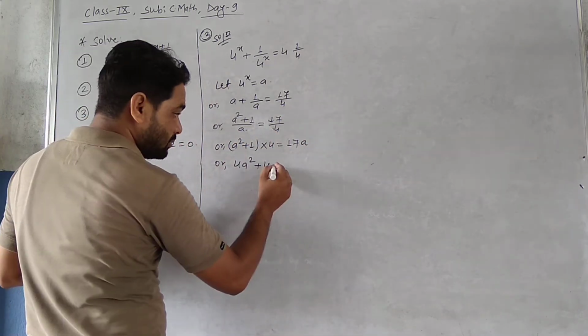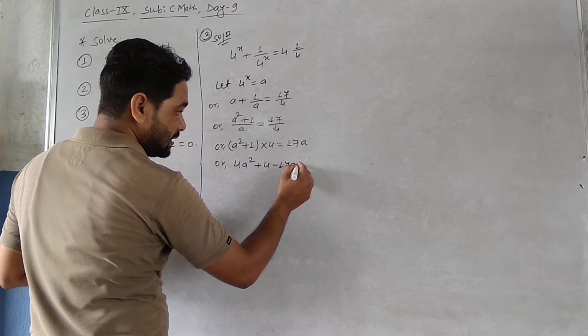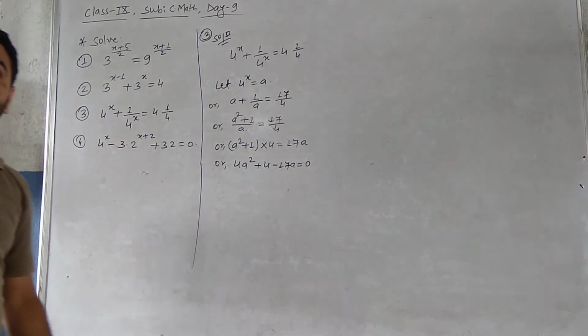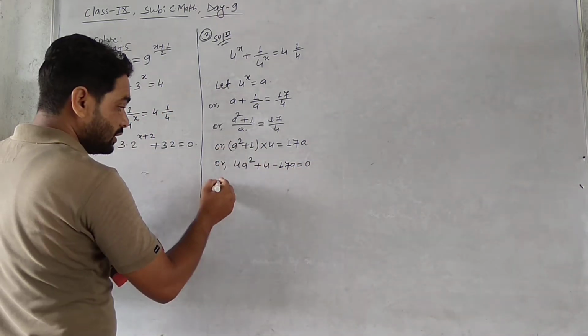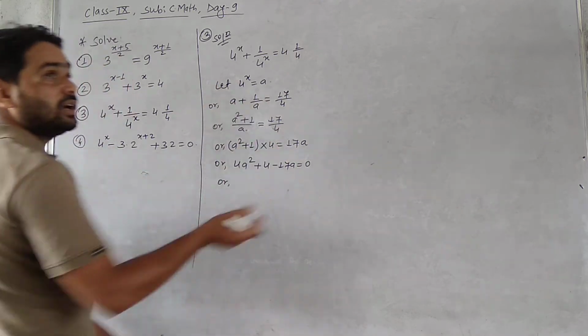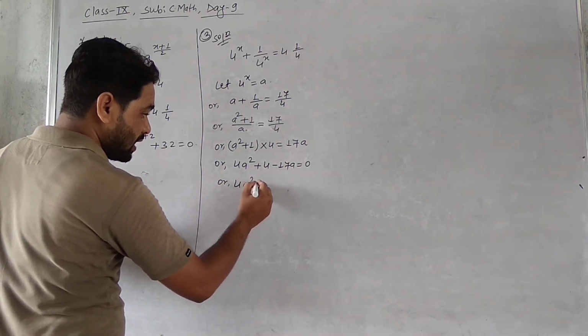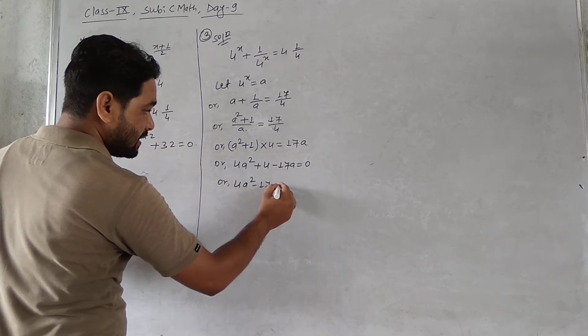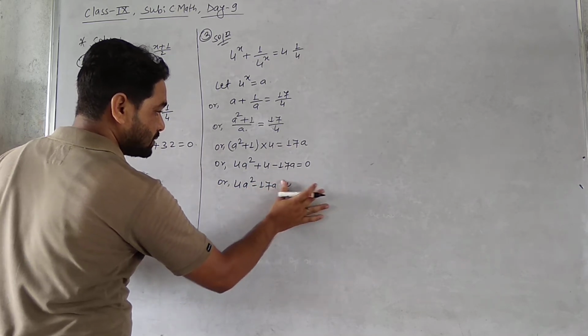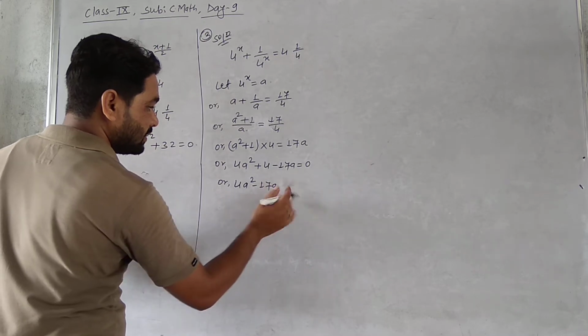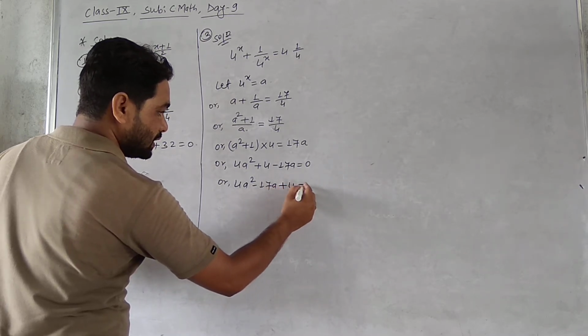So it becomes minus 17a equals to 0. This is now arranged in the decreasing order of powers of a: 4a square minus 17a plus 4 equals to 0.